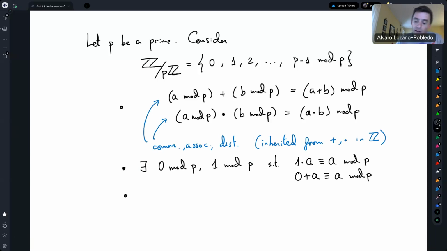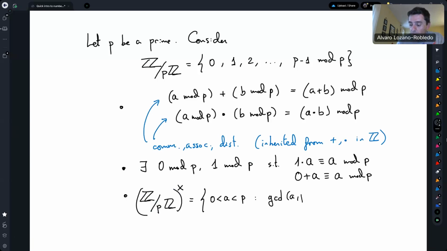And finally, what we saw is that those things with multiplicative inverses, so when we did this, we looked at what numbers in Z mod M had a multiplicative inverse. We saw that they are those numbers between 0 and P, such that the GCD of A and P is 1.